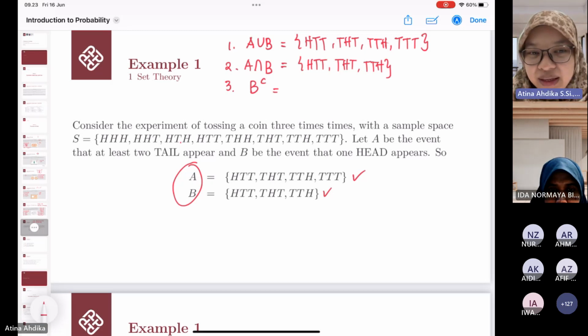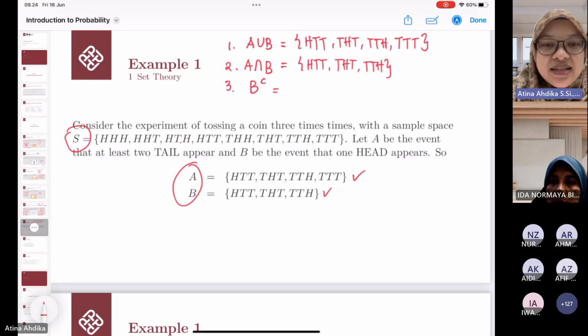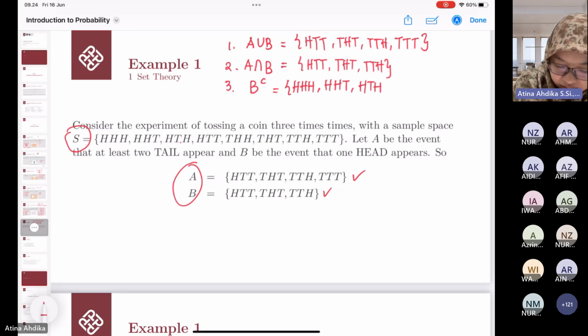So the complement of an event is all the outcomes from the sample space which are not in B. You have to compare it with the sample space, not with A. So the other elements which are not in B from the sample space S are the complement of B. So the complement of B will be HHH, HHT, HTH, THH, and the last one is TTT.